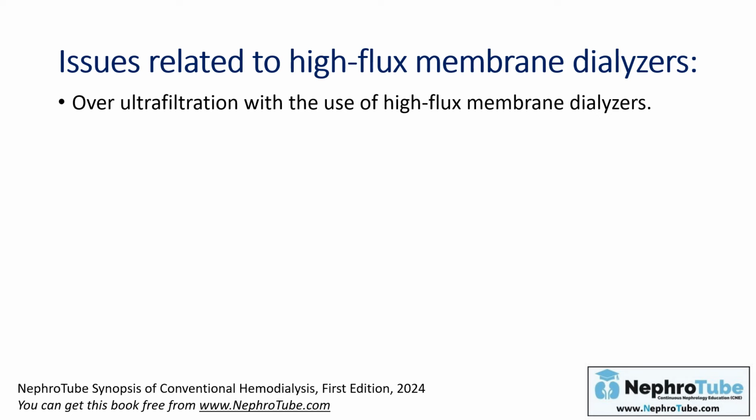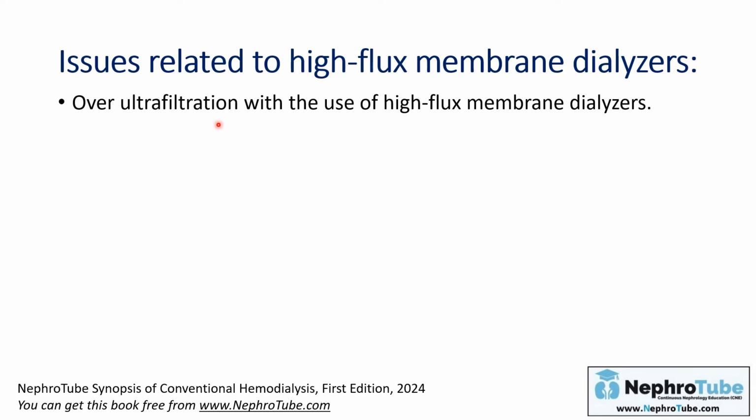There are some important issues related to the use of high flux membranes. The first is that high flux membranes have wide pores and high density of pores, so there may be over ultrafiltration with the use of these high flux membrane dialyzers.